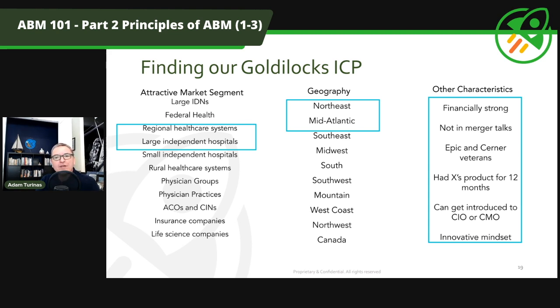We felt they were more likely to buy from us because, frankly, they had more independence in how they made decisions about the technology, but they were large enough that they had problems that we could solve. We also decided early on that we would focus on the Northeast and Mid-Atlantic because my company was based in New Jersey.